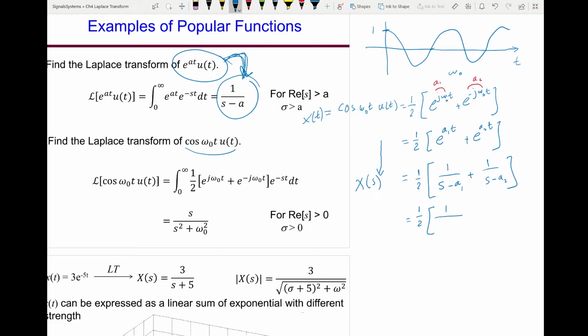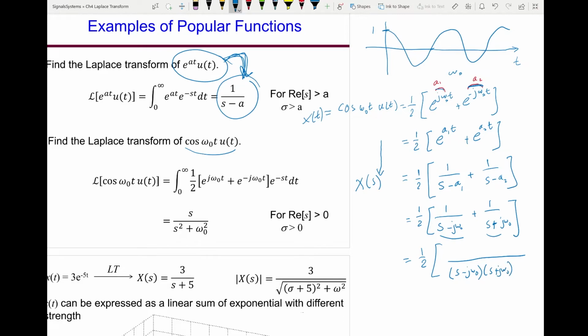Now let's plug in. This will be 1 over s minus a1, and we said a1 is just j omega 0, so that will be minus j omega 0, plus 1 over s minus a2, where a2 is minus j omega 0. Now if I add these two terms, I can unify the denominator just by s minus j omega 0 times s plus j omega 0.